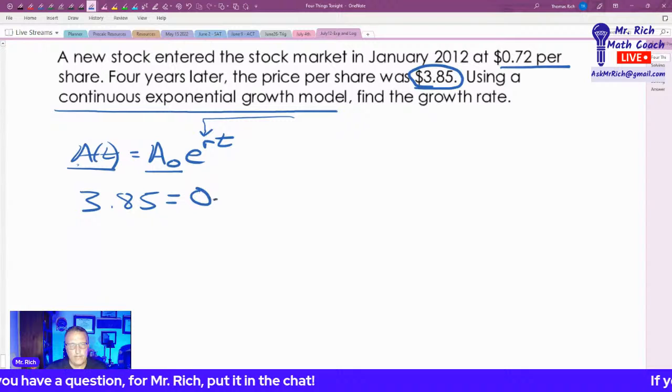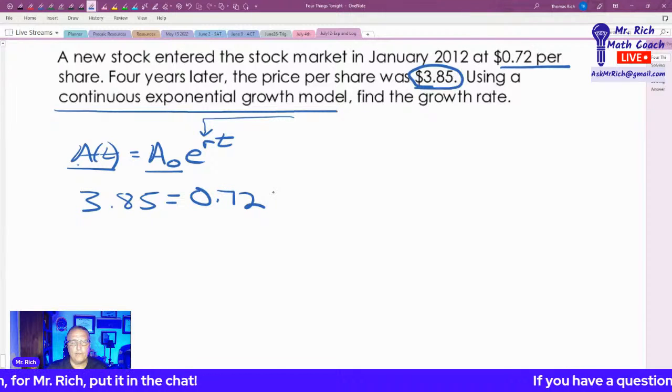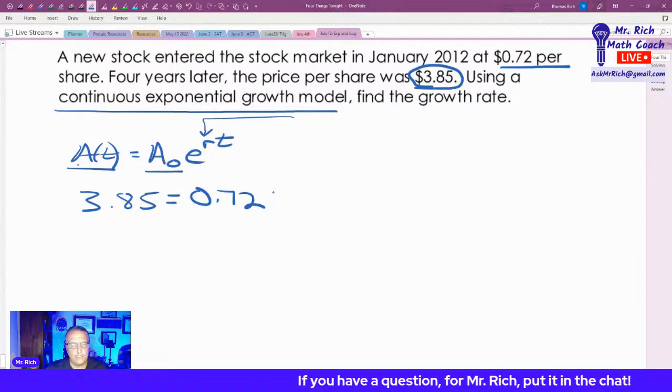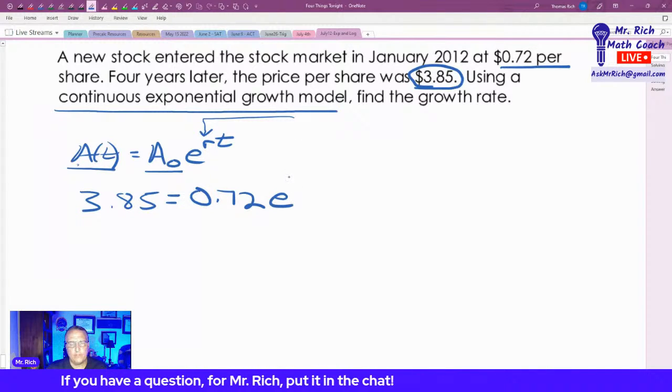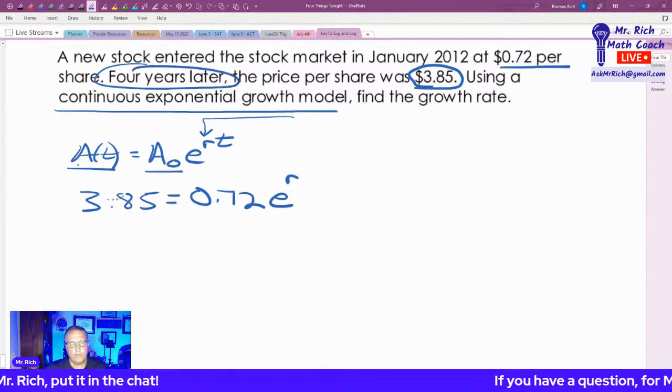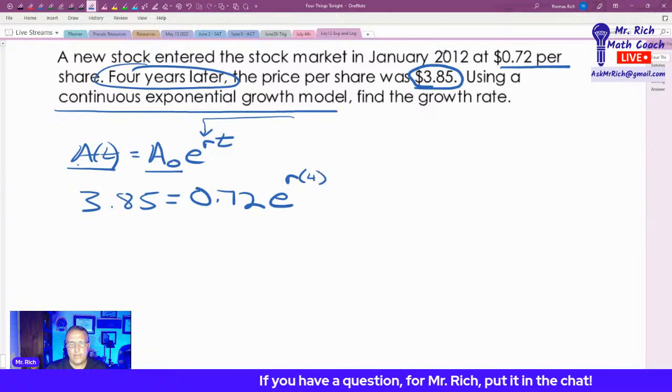So that would be our A0, our value of the share at time t equals 0. And then that would be multiplied by e raised to the r, and t is 4, because we're talking about this price being $3.85, 4 years after 2012. And so we're going to solve this for r.